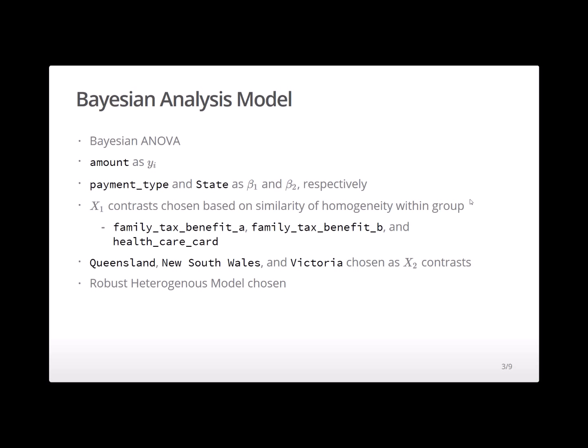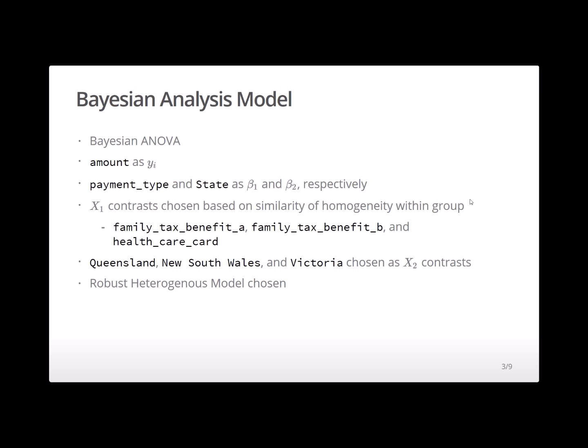For the X1 contrasts, I chose those levels based on the similarity of the homogeneity within the group. Family tax benefit A, family tax benefit B, and healthcare card all had very similar distributions. That being said, payment type in general was very heteroscedastic.